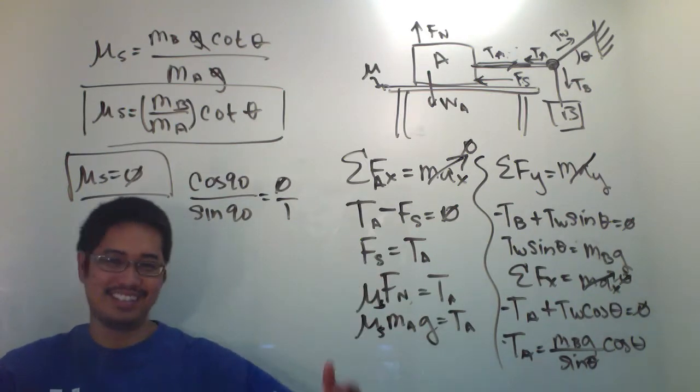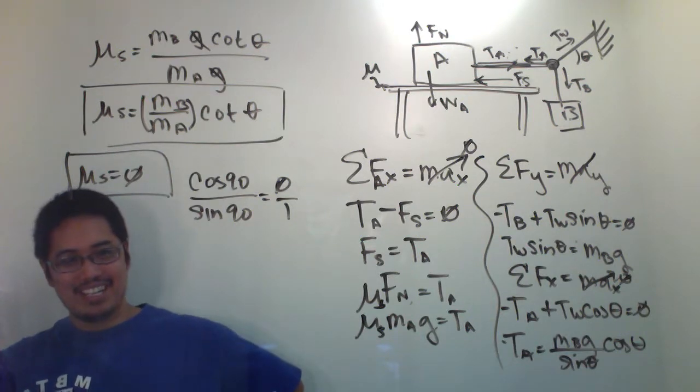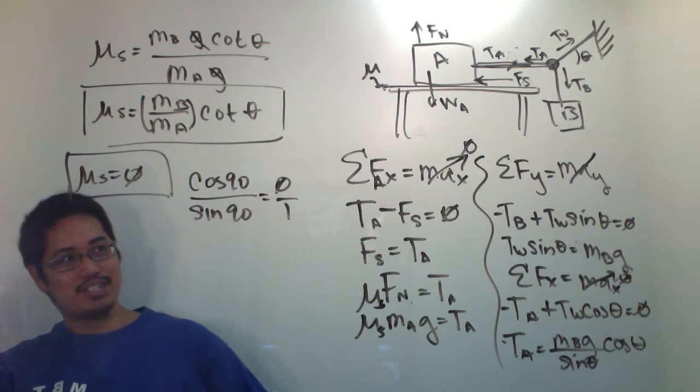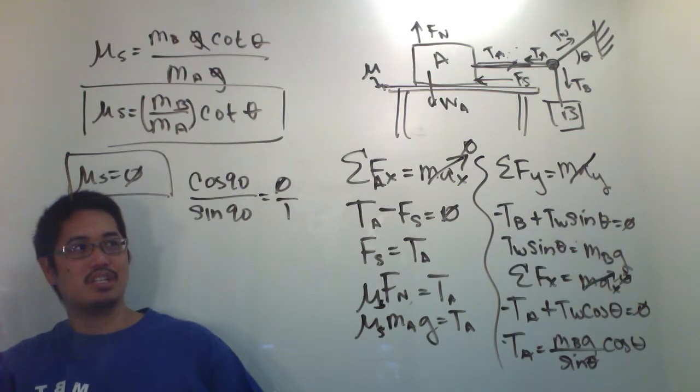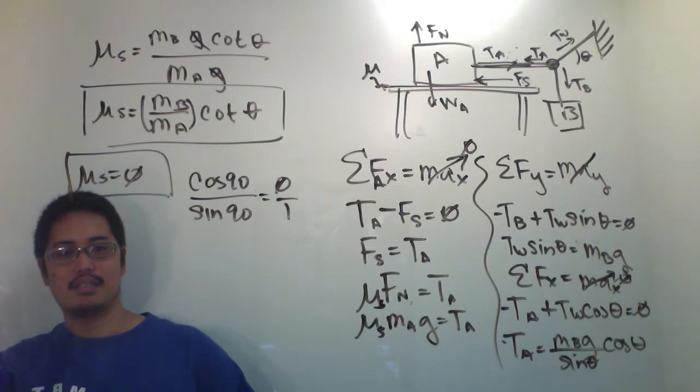There would be no need for any static friction, because the tension would absorb all of the weight of B. Does that make sense? Yeah.